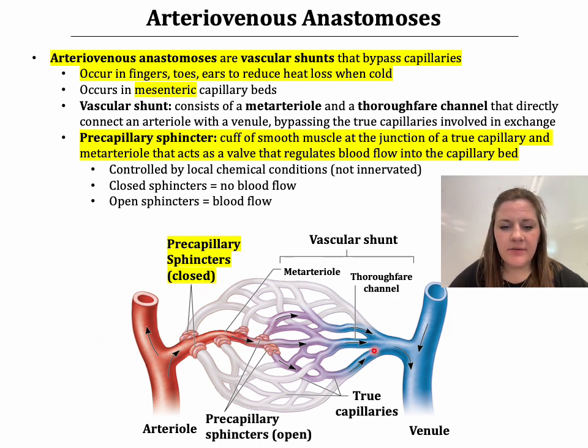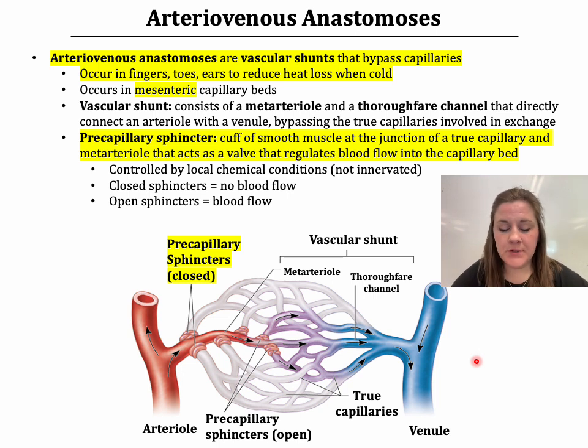And there is a vascular shunt involved in that transfer, that's the true anastomosis here. With the vascular shunt, we have a metarteriole and a thoroughfare channel, right? And that is the shunt, that is the bypass. So instead of blood flowing through this entire capillary network out here, it just surges right through the center and shunts its way through.